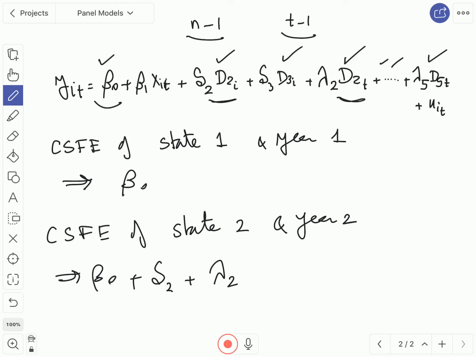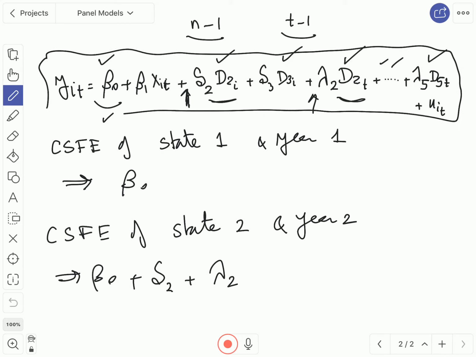So if you go with the other option, then make sure that you are removing the intercept and then adding delta 1 d1 here and adding lambda 1 d1t here. Okay, but I prefer to always keep an intercept in my model, and I prefer to have it in this format. Let me just finish this by asking the last question here.